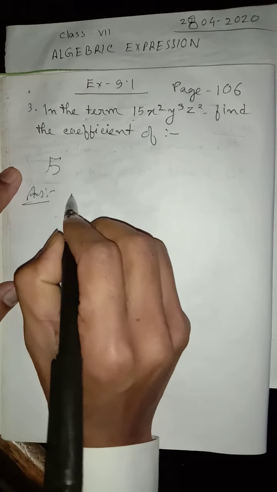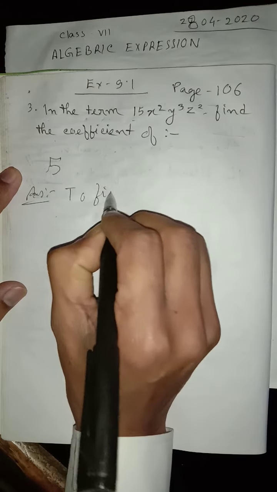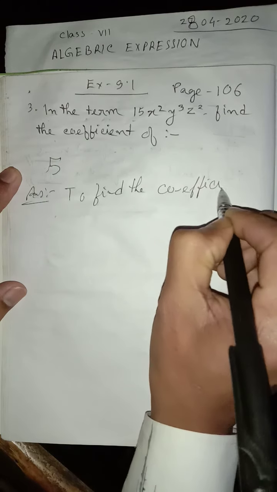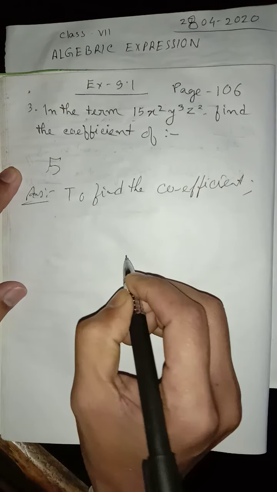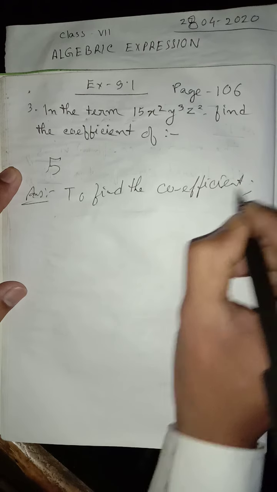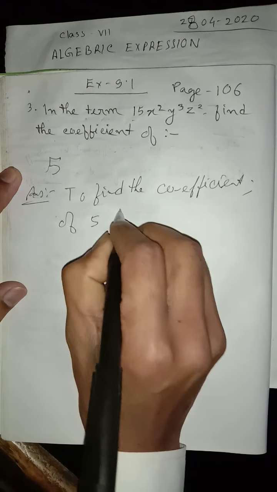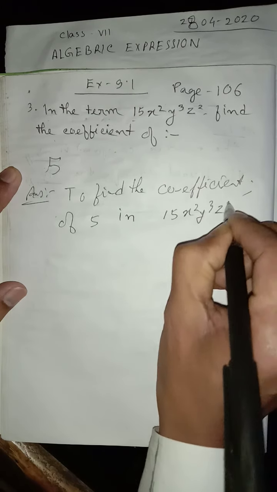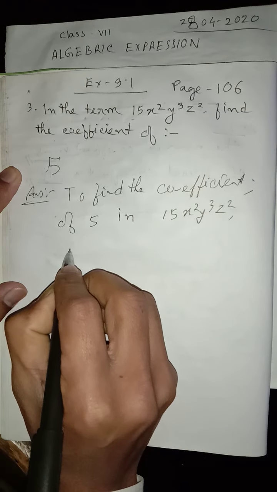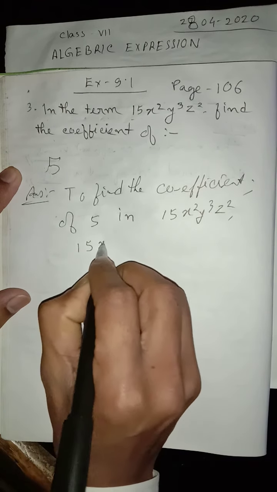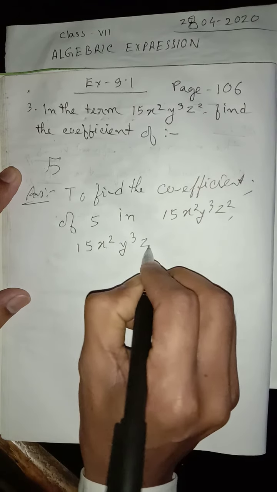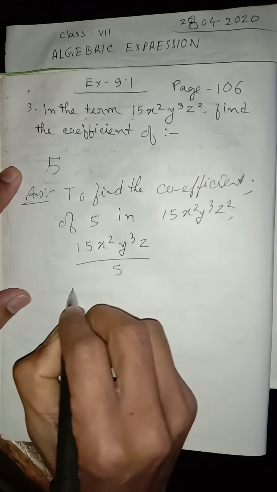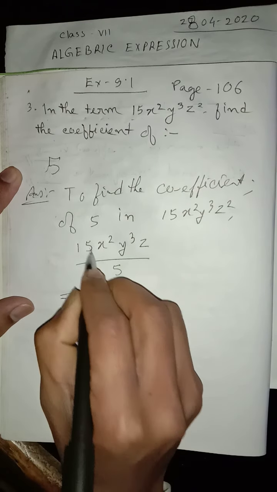Answer: to find the coefficient of 5 in 15x square y cube z square, we will do 15x square y cube z square divided by 5.